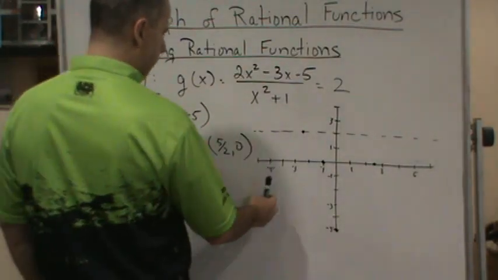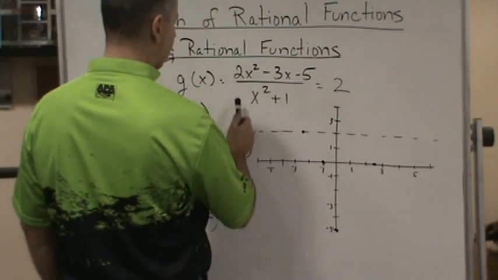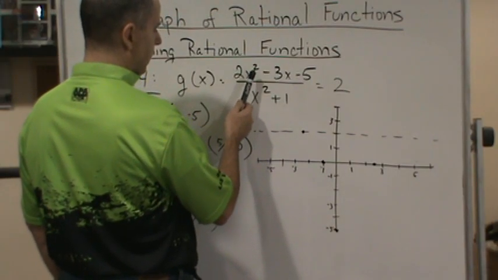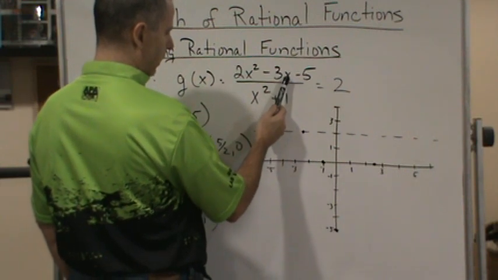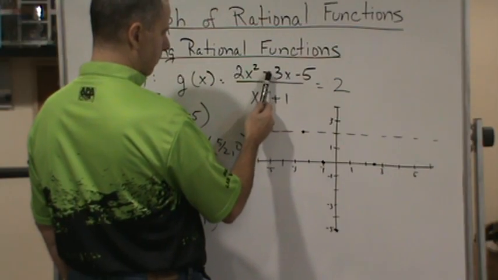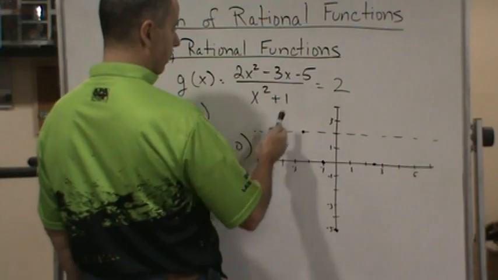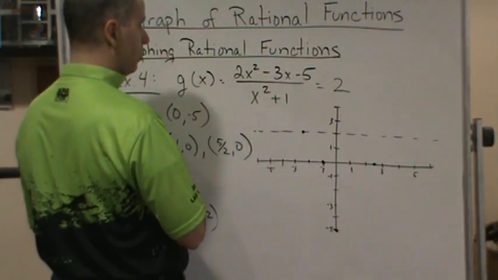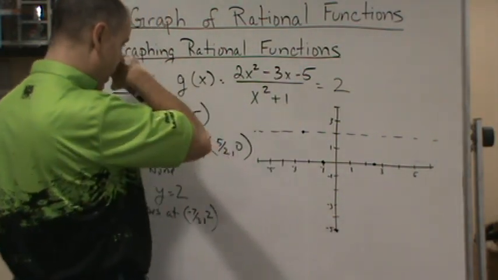So if we put in -3 here, what happens? -3 squared is going to give us 9, so that's going to give us 18. 18 plus 9 is 27. 27 minus 5 is 22. So we get 22 divided by 10.